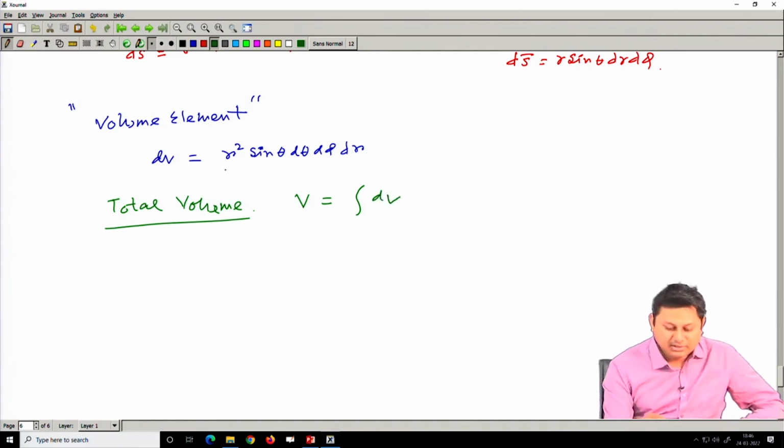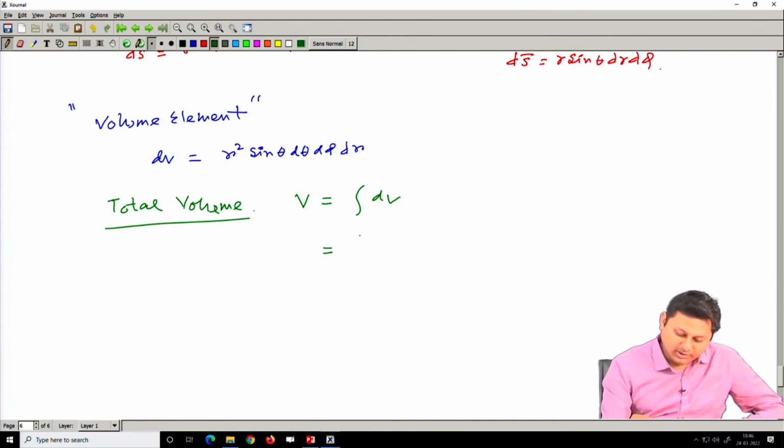So it is the integration of r squared dr, then the integration of sin theta d theta, and then the integration of d phi.